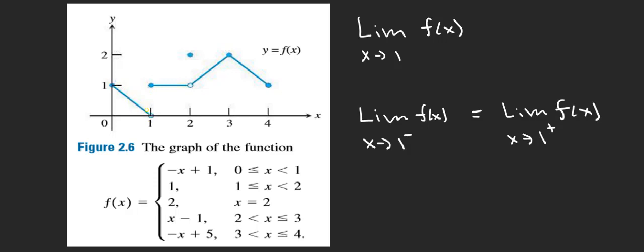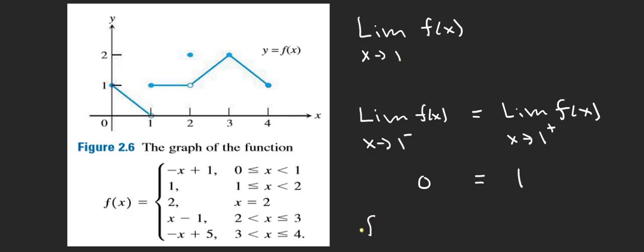Notice you're approaching 0. What about 1 from the right? You're approaching 1. So these two are not equal, therefore we do not have a limit as x approaches 1.